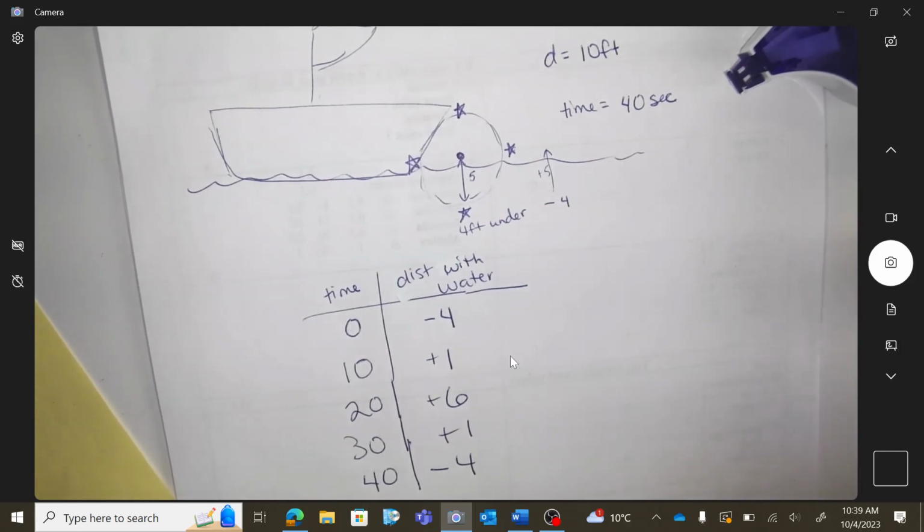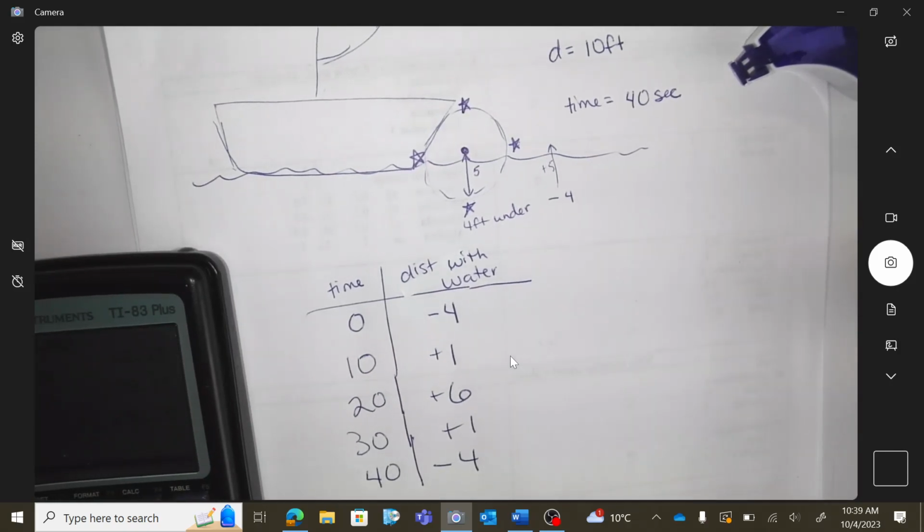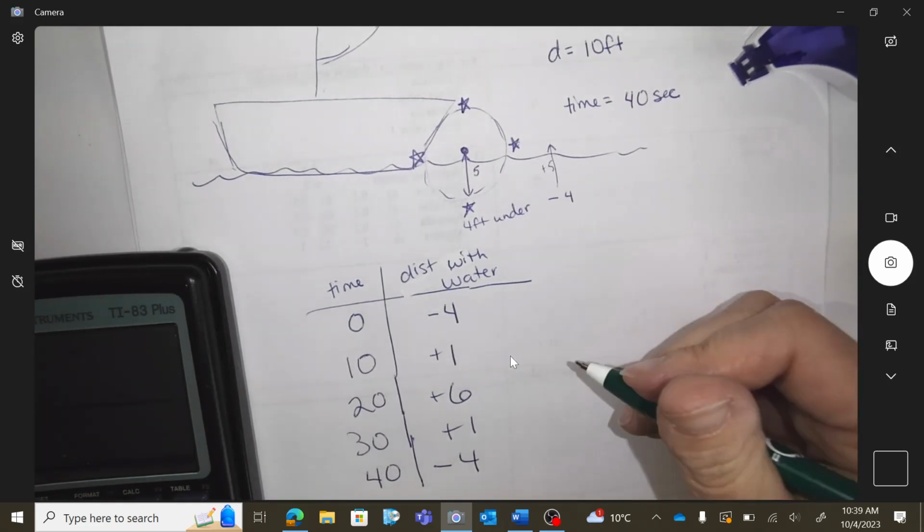So give me a stat edit on that. Do all your steps, plot it out.